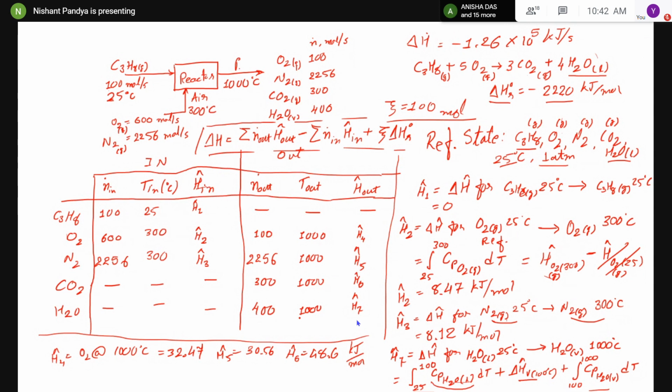the second method, which is based on a reference state chosen as elements instead of components. So here, by chance we got O2, N2, but the other two, C3H8, we have taken as a molecule as a reference state, and this CO2 as a reference state. But we can now choose the reference state as elements. It's basic elements.